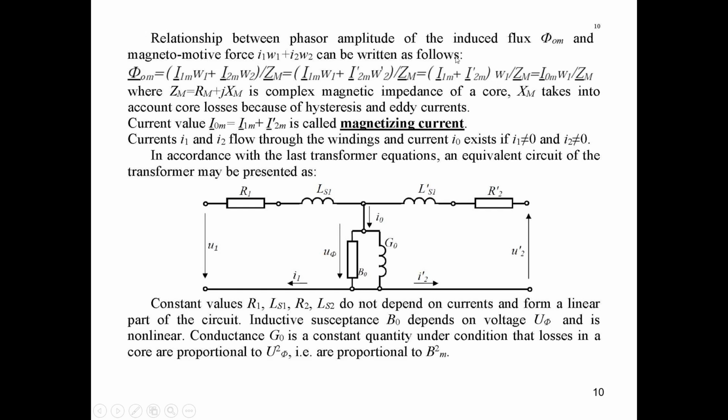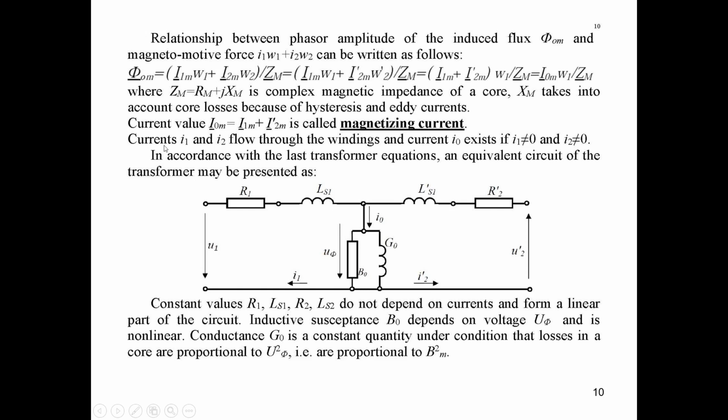Or if we consider that this sum of these two parameters equals I0 maximum, we can rewrite it as I0 maximum W1 over Zm.